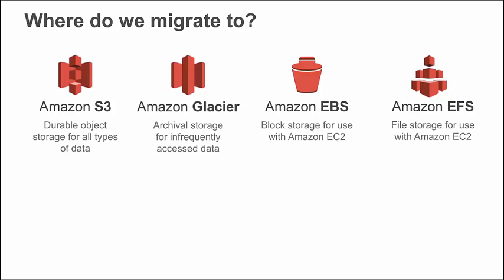Glacier has a similar object architecture but caters for deep archives and long-term backup. EBS, or Elastic Block Store, is a high-performance block storage dedicated to EC2, analogous somewhat to a SAN, a storage area network. And EFS, Elastic File Store, is a high-performance NFS-based file system dedicated to EC2, which again is somewhat analogous to a NAS.